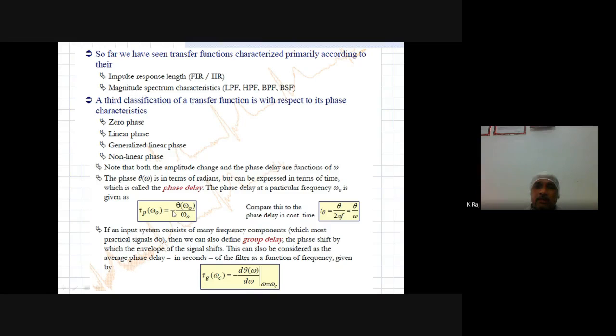To get the phase delay, we consider minus theta omega 0 divided by omega 0; theta is a function of omega 0, and divided by omega 0 with a negative sign, it becomes the phase delay. If we are interested in the group delay, then we consider minus d by d omega of theta omega, at omega equal to omega c, and whatever the delay is, that is named the group delay.